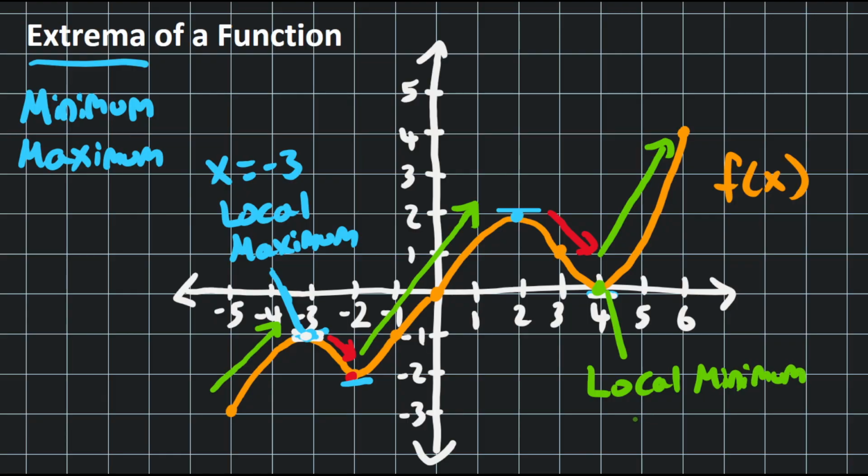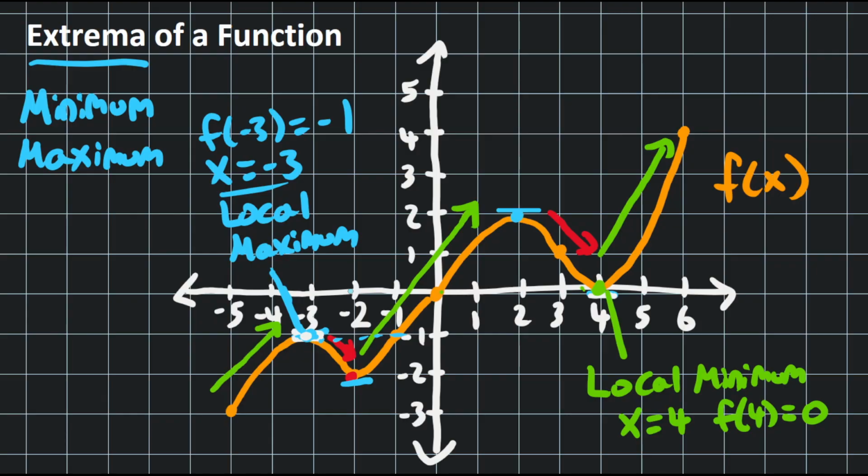The local minimum over here occurs at x equals 4. And of course, we can also find f of that input. So f of 4 equals, as you can see right here, the y coordinate is 0. So f of 4 is 0. And same thing for this local maximum we found earlier. What's f of -3? That is right here, -1.